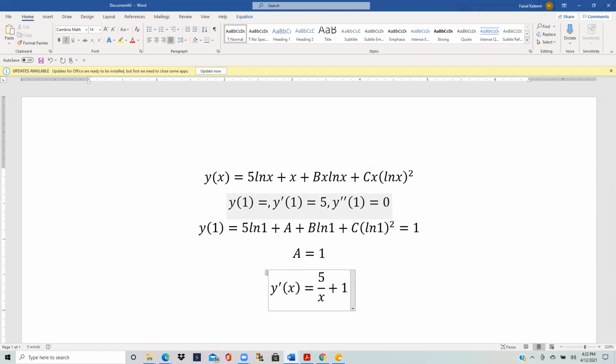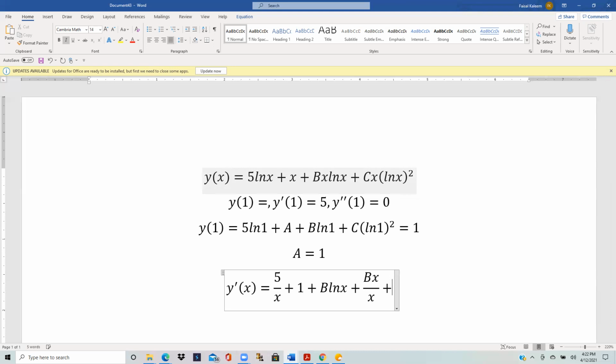Derivative of x is 1. And here we have to use the product rule on the b x ln x. So derivative of bx is b, and you keep the ln x, plus, and then you keep the bx. And derivative of ln x is 1 over x, so divided by x.